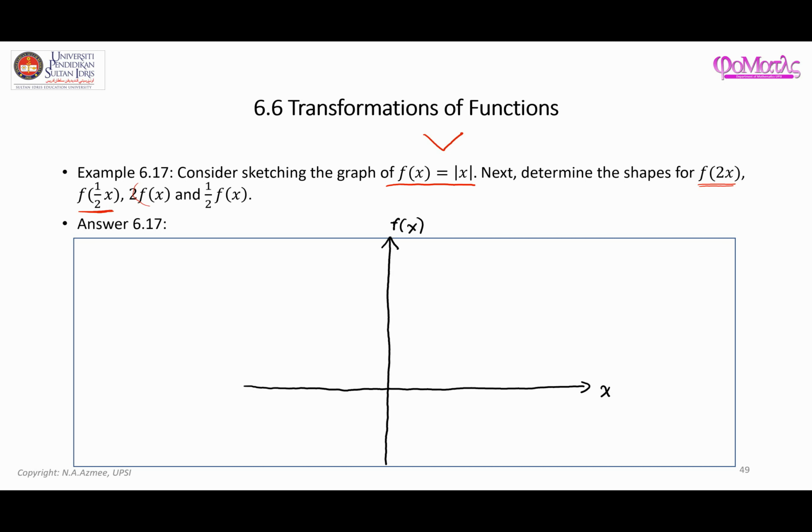Now I'm just going to take care of the scale. Okay, perhaps until 5. So here -1, -2, -3, -4, -5, and on top here is 1, 2, 3, 4, 5.